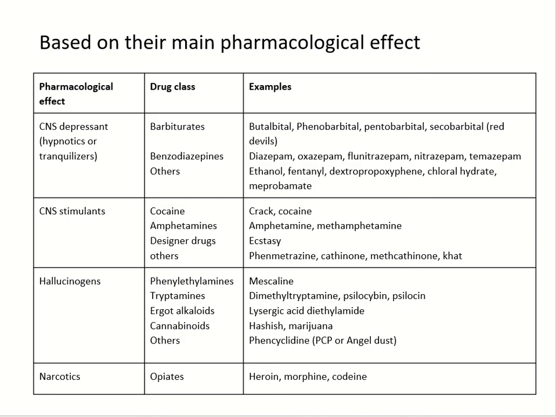Based on the pharmacological effect, drugs are classified as depressants, stimulants, hallucinogens, and narcotics. CNS depressants are hypnotics or tranquilizers. The main drug classes which come under this category are barbiturates and benzodiazepines.